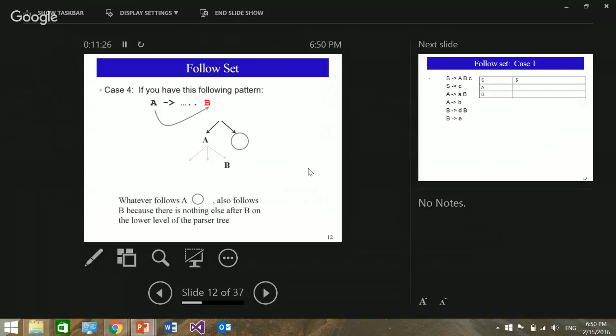I know the dollar sign always goes into whatever my start symbol is, in this case S. And then when I have case 4 like this, A with a derivation arrow all the way to B, that means whatever follows A also follows B, because of the derivation arrow. So I actually mark it in my set, so I remember to copy it. Whatever is here, copy it down there. That's my algorithm.